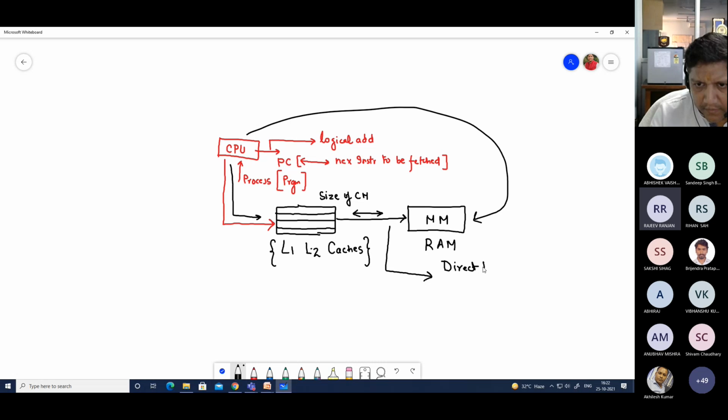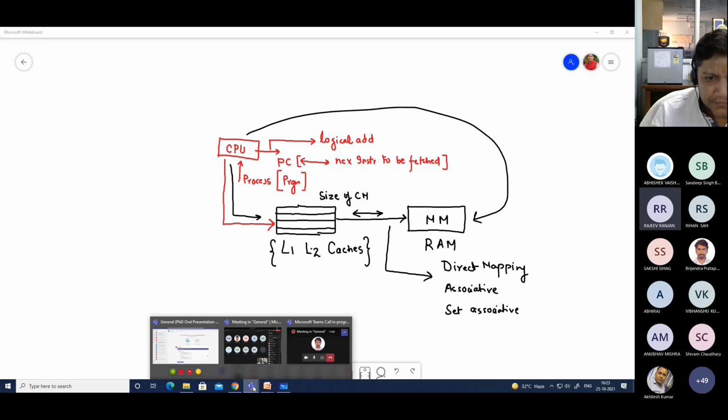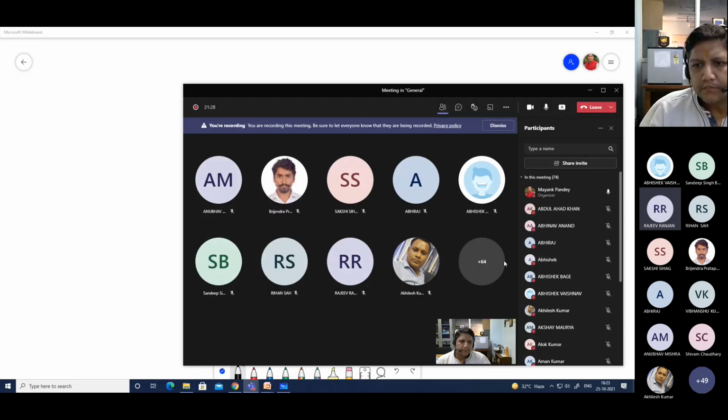Direct mapping, associative, set associative. Do you remember this or not? Sir, we know about the cache and the main memory, but that mapping part we don't know.